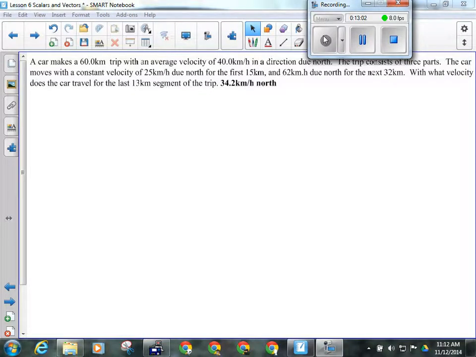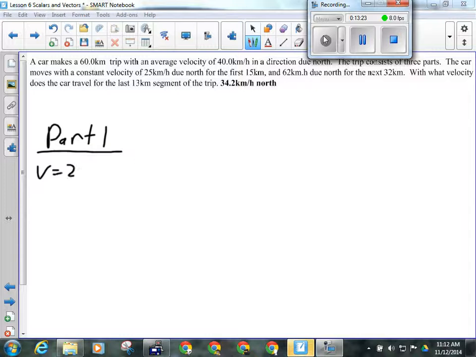Number 12 is one of those multi-part questions, but it's slightly different in that it actually gives you the total distance and the average velocity. So again, what we want to do is write down everything we know, all the parts and the total. In part 1, it goes 25 kilometers per hour for 15 kilometers.